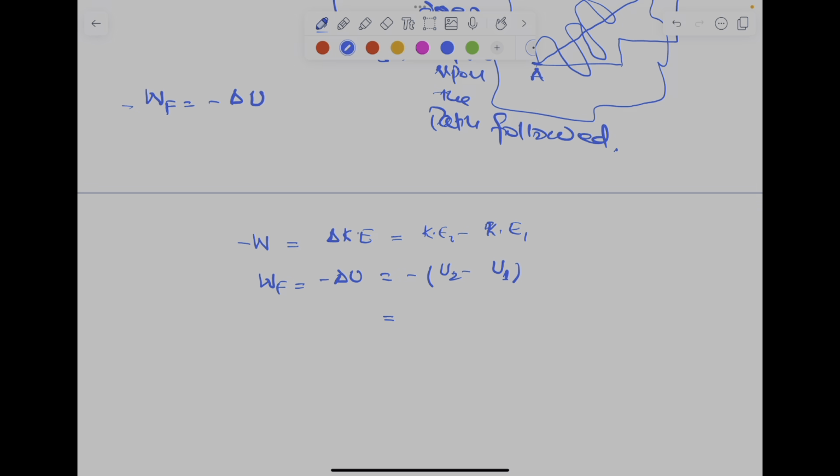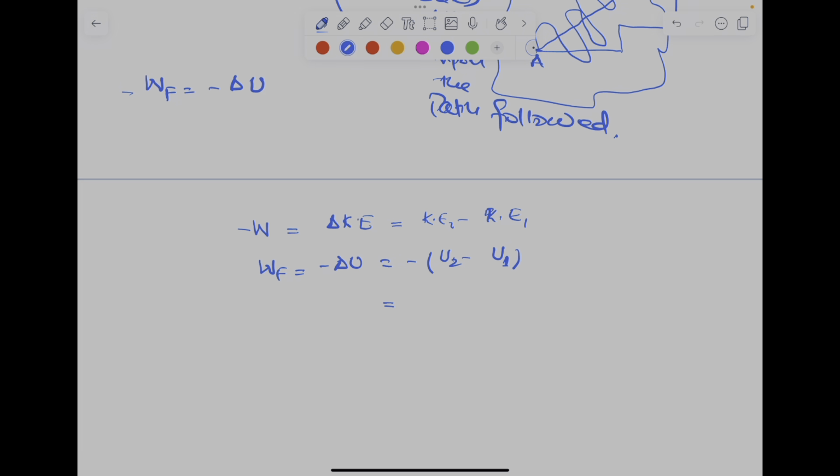And how do we define the potential energy? If we equate these two equations, we have kinetic energy at 2 minus kinetic energy at 1, which is 1/2 mv2 squared minus 1/2 mv1 squared, equals minus the potential energy at point 2 minus potential energy at point 1, which is mg y2 minus mg y1.